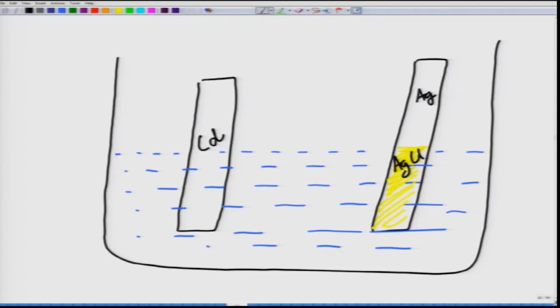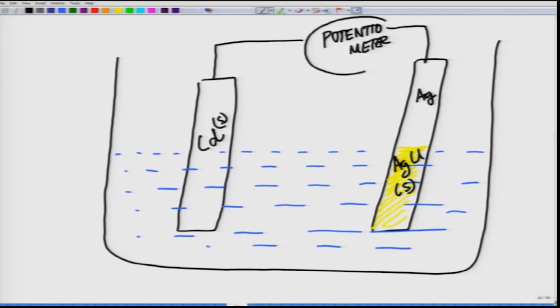Okay. So silver chloride electrode, this is a solid electrode here, cadmium, this is also a solid electrode here, and this is connected to a voltmeter or potentiometer to measure the voltage across it. Okay. And what is the electrolyte?